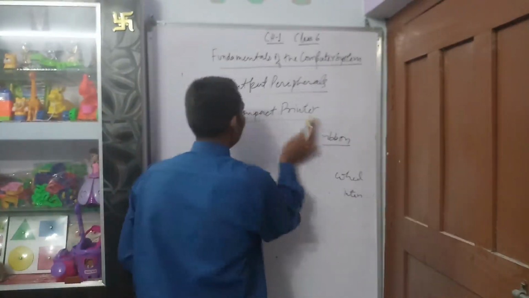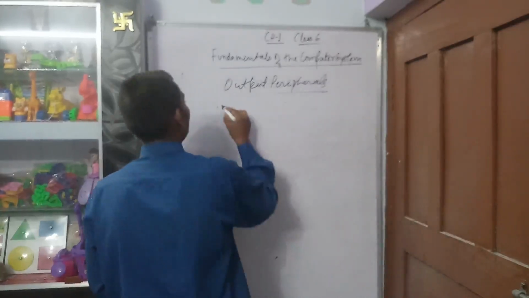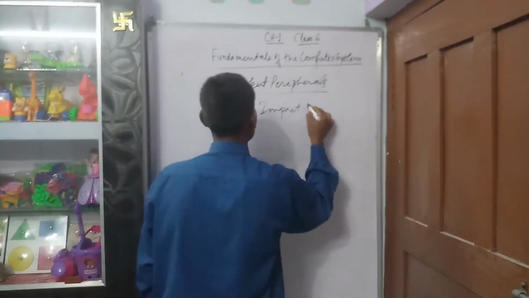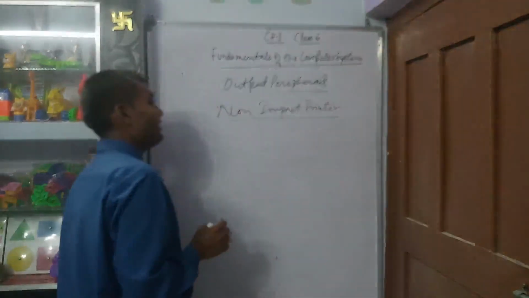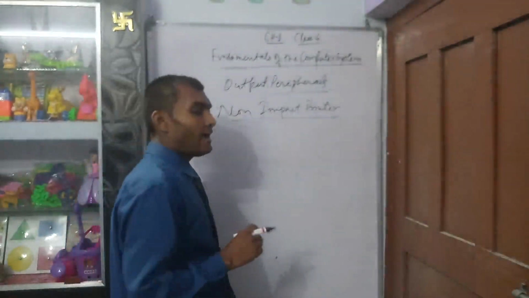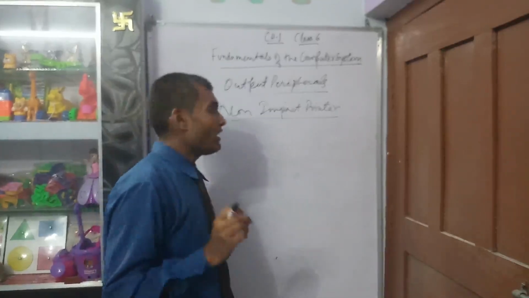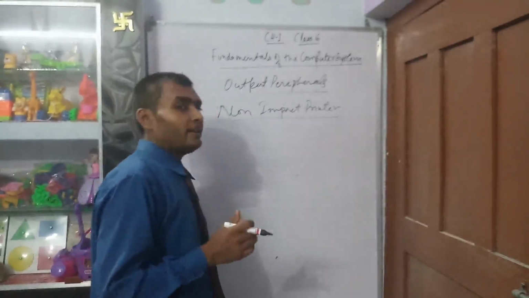Now come to the non-impact printer. A non-impact printer doesn't have any type of hammer, and it is a low-noise and faster printer than the impact printer.